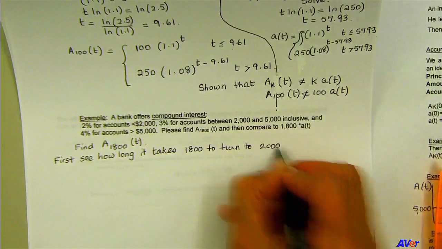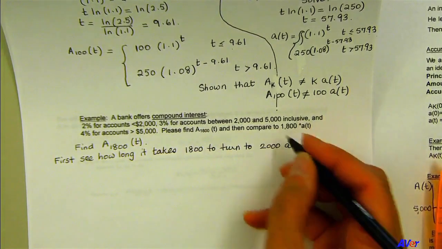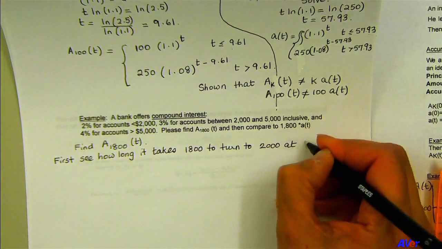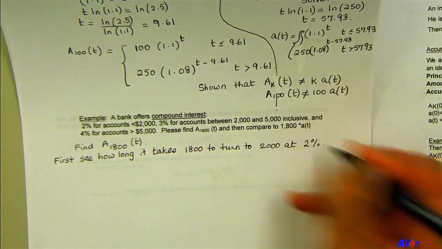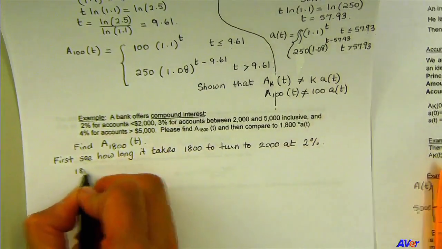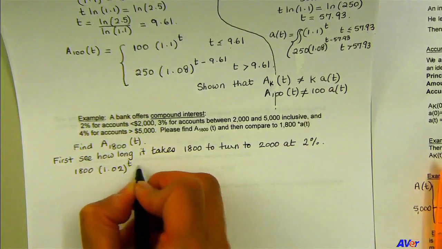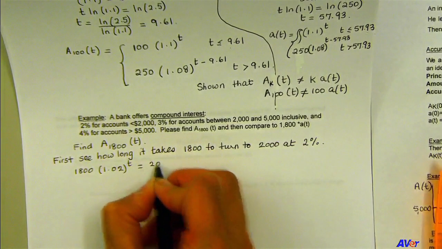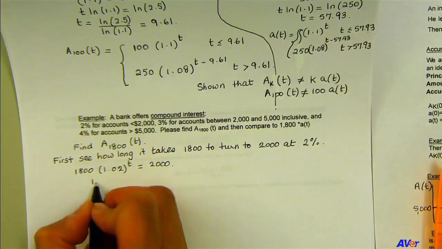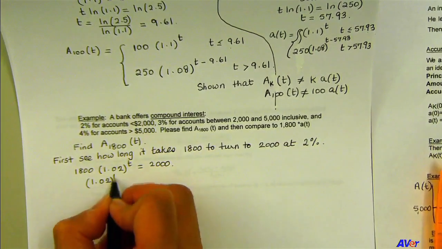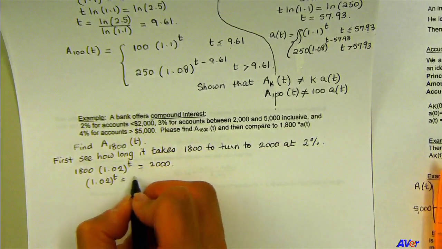At what percent, guys? 2%. Compound, right? So 1800 times 1.02 raised to the t power equals 2000. Let's solve. 1.02 to the t equals 10 over 9.